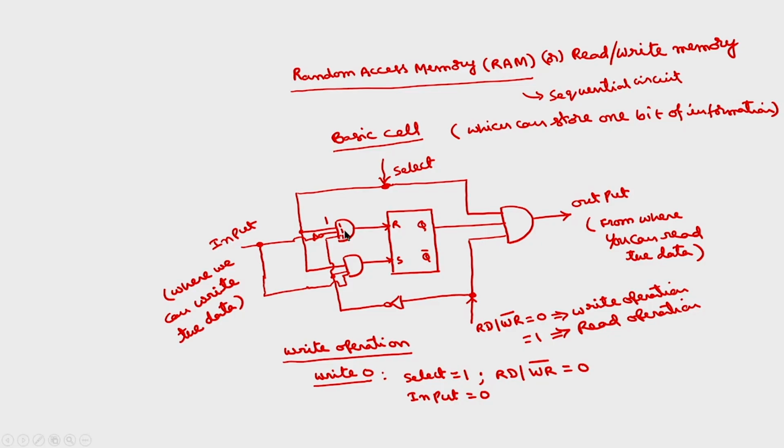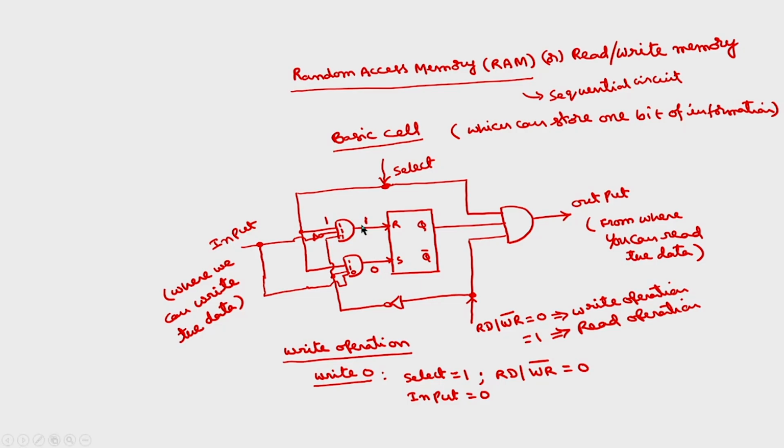So 3 inputs are 1. And what about this? Input is 0, select is 1, read by write bar is 0, but through NOT gate this will be 1. So the output of this AND gate will be, because 3 inputs are 1, this is 1, this is 0.